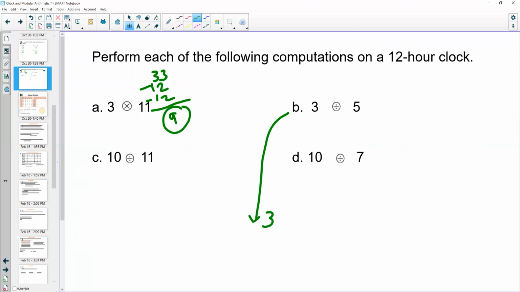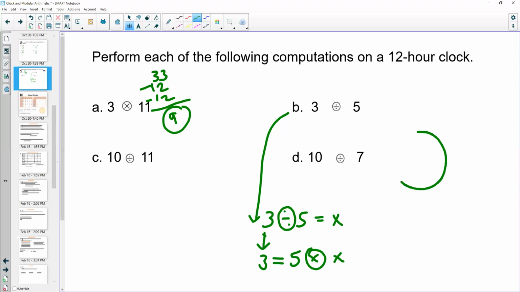So to do 3 divided by 5, I have to set it up so that I can think of it as multiplication. I take my 3, I'm going to leave it here, okay? And I'm going to think about 3 equals 5 times something. So 5 times some number on the clock gets me to 3.